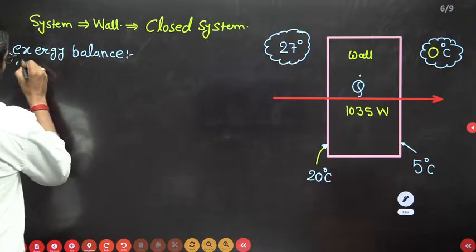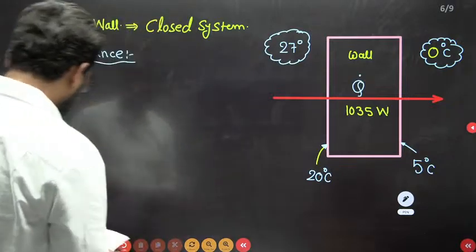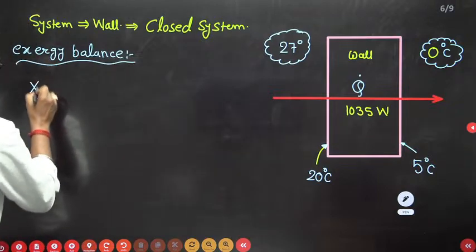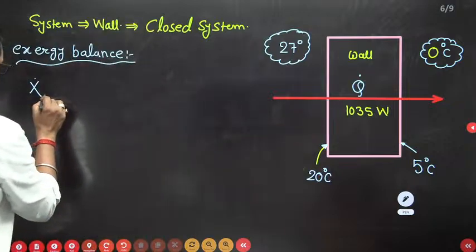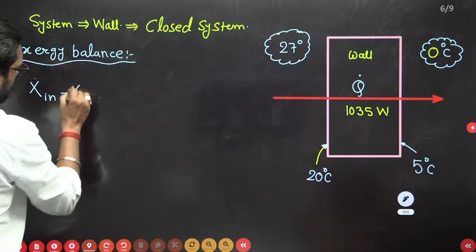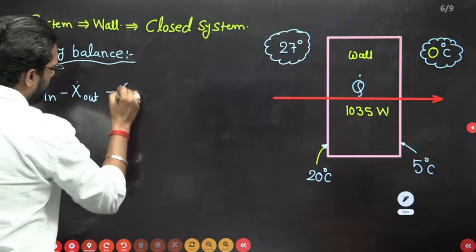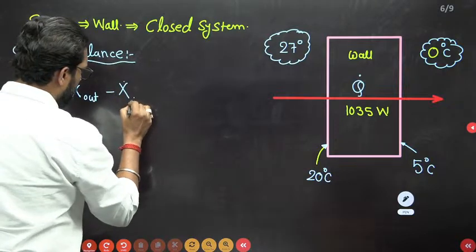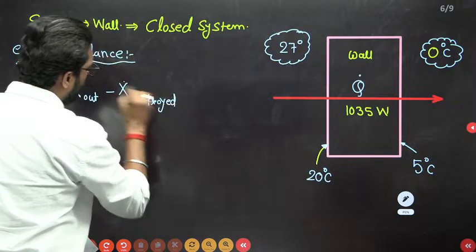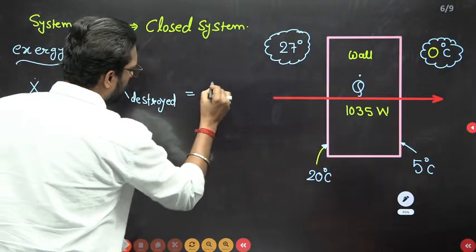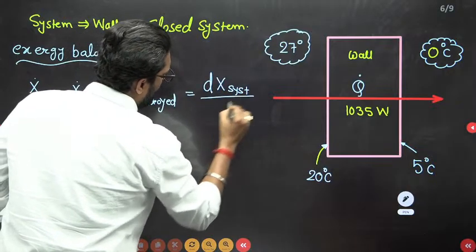See my dear, you can solve this problem also with the help of entropy generation. What is that? Exergy. Why? Because this is on a watt basis, joule per second, so rate basis: rate of exergy in minus rate of exergy out minus rate of exergy destroyed, which is measured by the irreversibility, is equal to dX of the system, exergy of the system by dt.